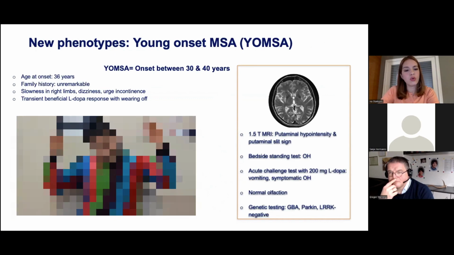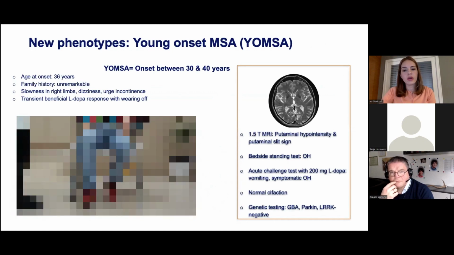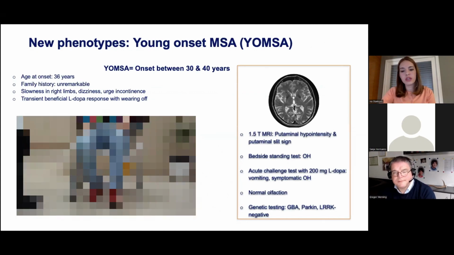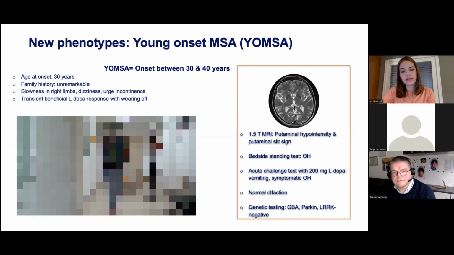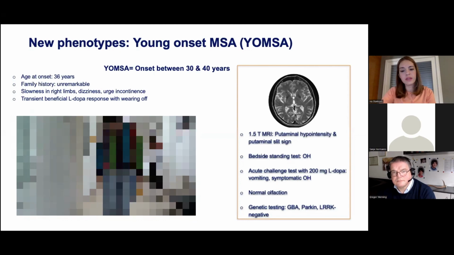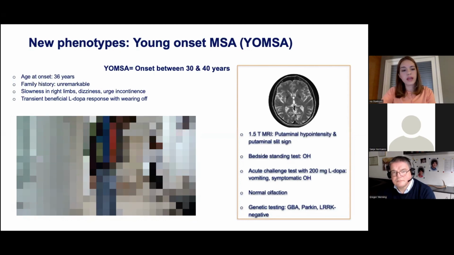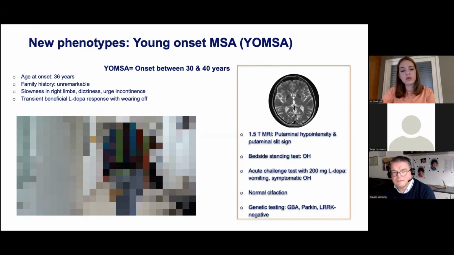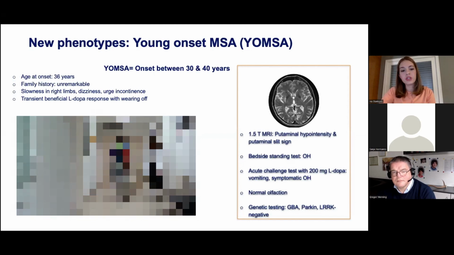This is a patient who complained at onset about slowness in the right limbs, dizziness, and urge incontinence. On acute levodopa challenge test, he experienced some side effects such as vomiting and orthostatic hypotension, but still small doses were introduced, and he had a transient beneficial response lasting for a couple of years.